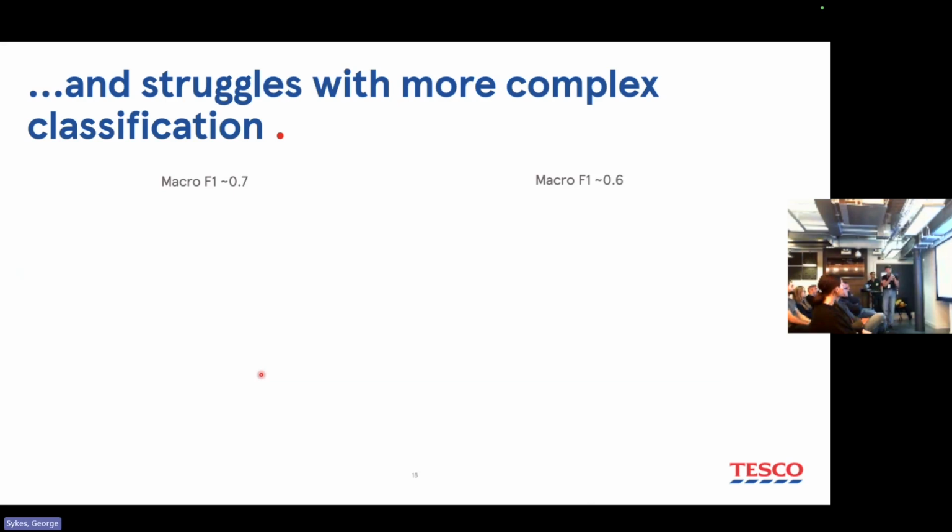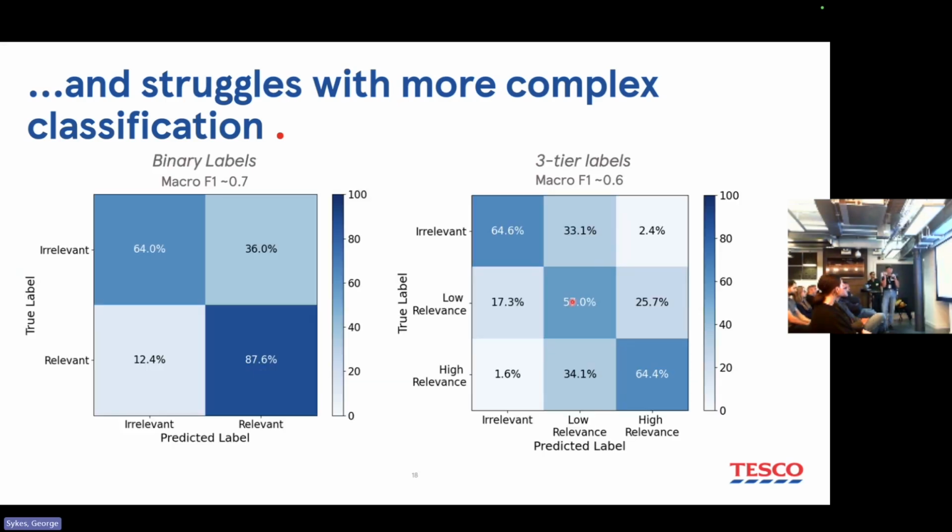The other key issue here is that we struggle with more complex classification. On the left, we have the test set binary labeling performance, which I showed earlier, again with a macro F1 of around 0.7. And we have business stakeholders potentially requesting if we can give 3-tier labels instead. So you'd have irrelevant, low relevance, and then high relevance.